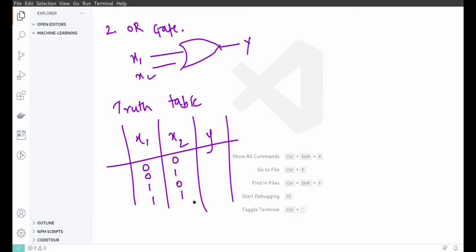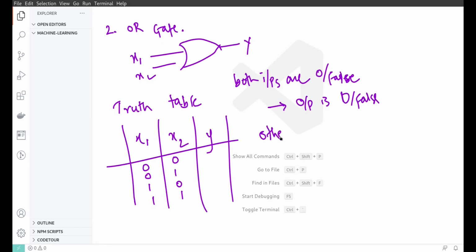We just need to remember one thing: whenever both inputs are 0 or false, then only the output is 0 or false, otherwise it is 1 or true. So for this particular combination 0 0, we get output 0, and the rest of the time it is 1. Let us see the sentence in English one more time.